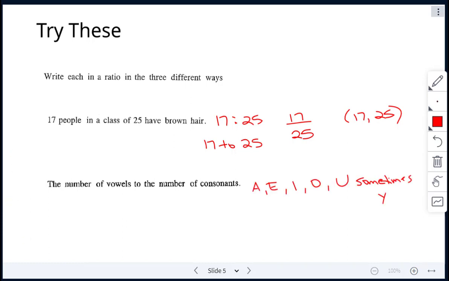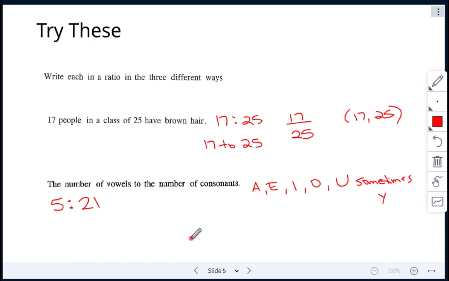All right, so for the number of vowels to the number of consonants, it depends if you included Y as a vowel. Okay, so if you didn't, if you just included A, E, I, O, U, that's 5 vowels. Okay, and then consonants, you take 26 minus 5, which is 21.